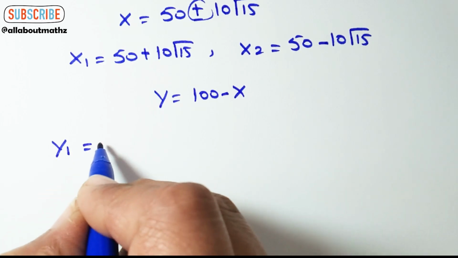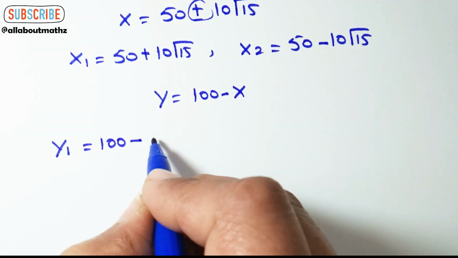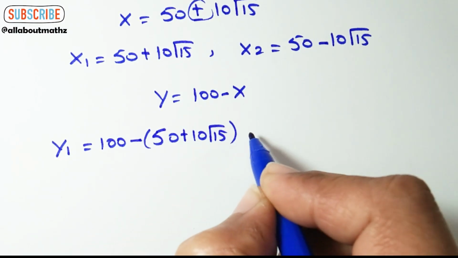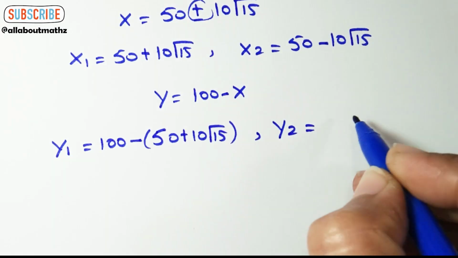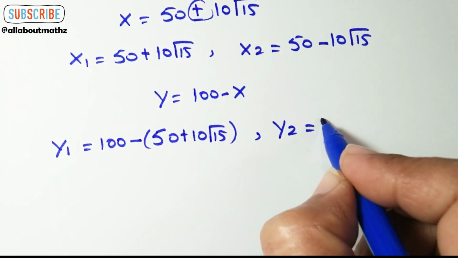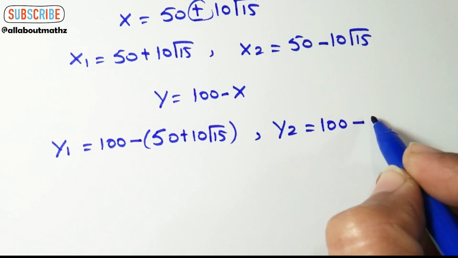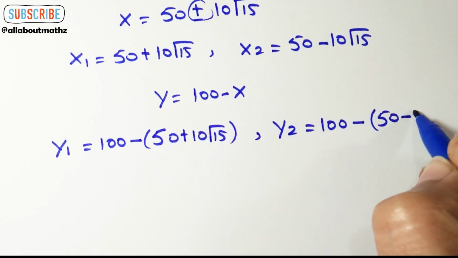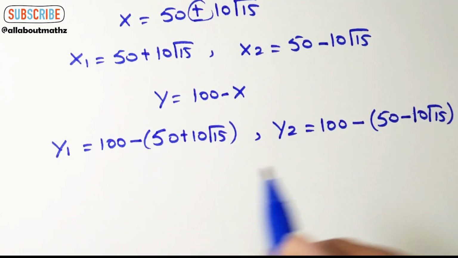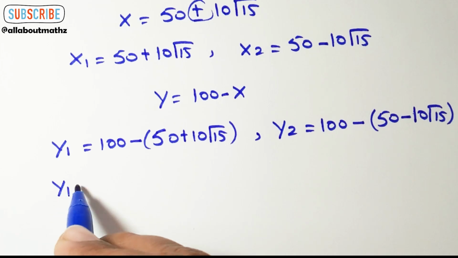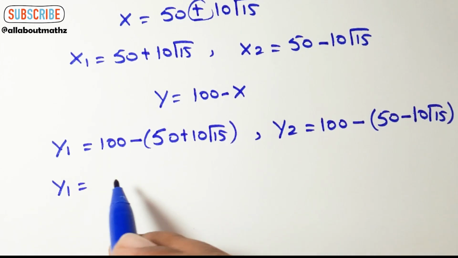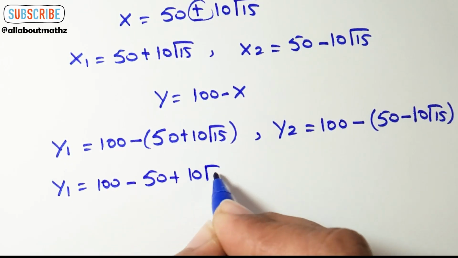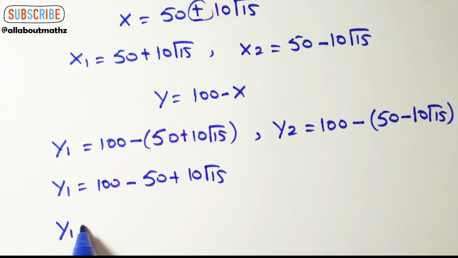So y1 is equal to 100 minus 50 plus 10 into square root of 15, and y2 is equal to 100 minus 50 minus 10 into square root of 15. So now we will solve both these values one by one, and we have 100 minus 50 minus 10 into square root of 15.